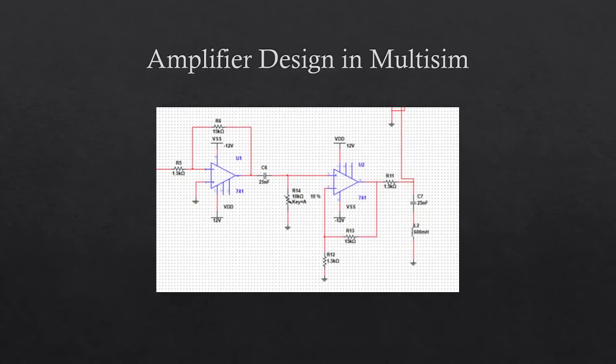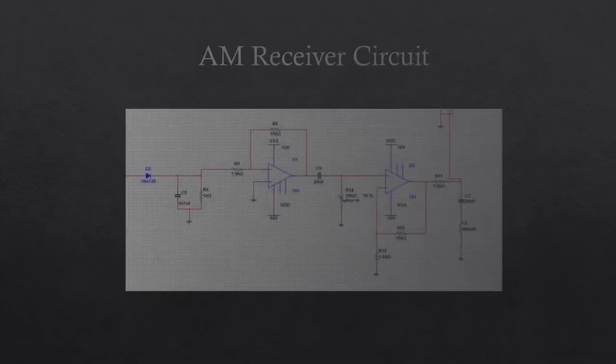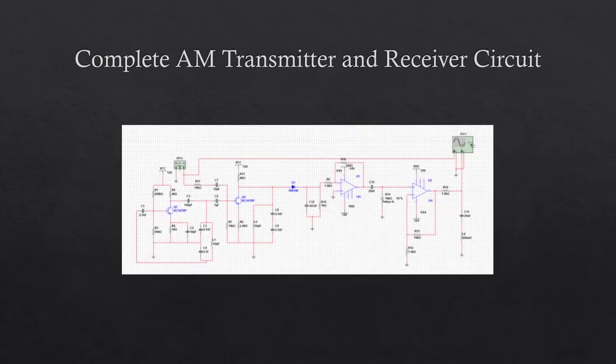So this is the design for the amplifier in multisystem. And this is the AM receiver circuit. And as you can see now in this PowerPoint, this is what the full AM transmitter and receiver circuit looks like.